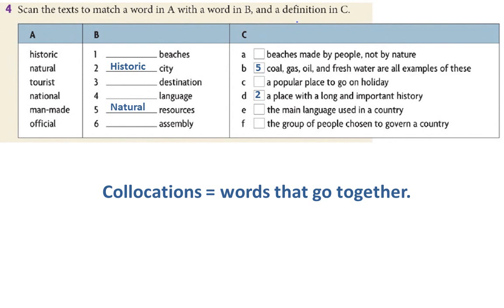Now we have the third word, which is tourist. We have tourist destination, not tourist beaches, not tourist language, not tourist assembly, but tourist destination, because these words can go together. The definition of tourist destination is not beaches, but a popular place to go on holiday, as it is an attraction place. So C matches with 3.